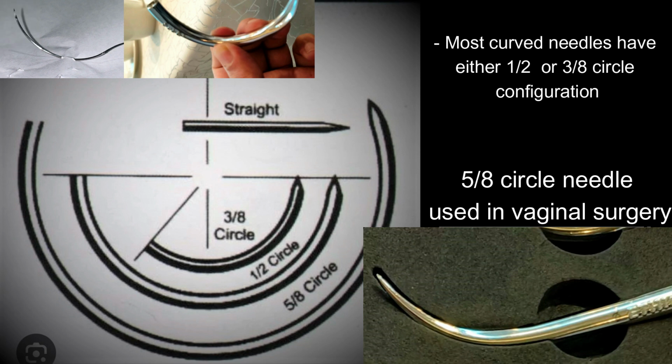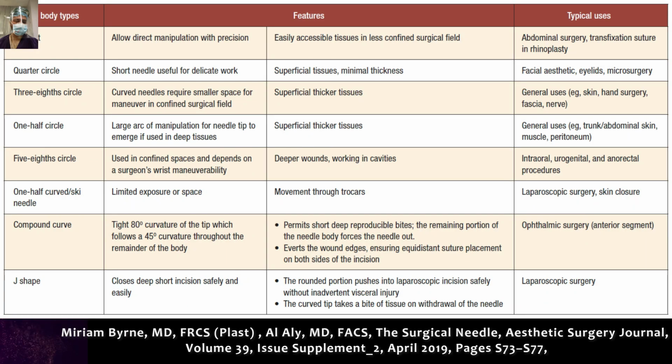Presently, we use circular needles only, and the circular needle can be half circle, 3/8 circle, or 5/8 circle, depending on how much of the circumference you are using. Most curved needles that we use in general surgery or GI surgery will be a half circle or 3/8 circle configuration. The bigger configuration like 5/8 is used basically in closed cavities, like in hemorrhoidectomy, vaginal surgery, or urogenital surgeries.